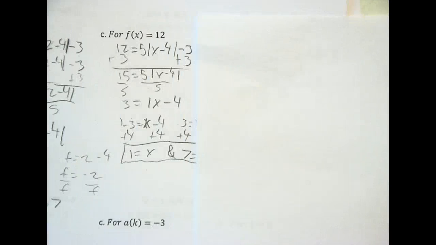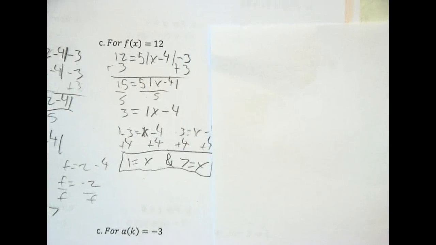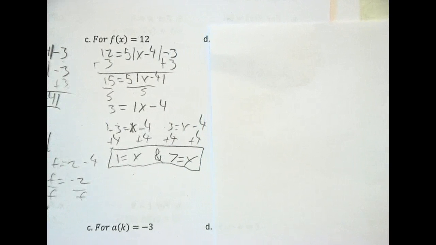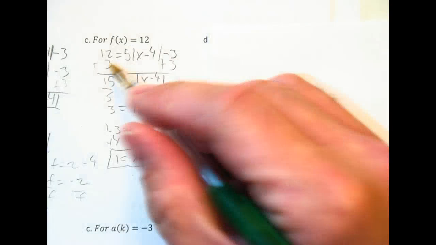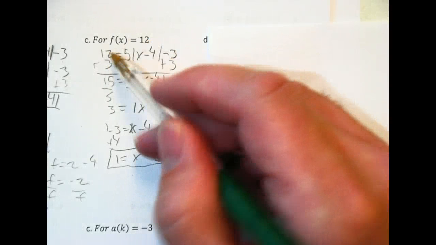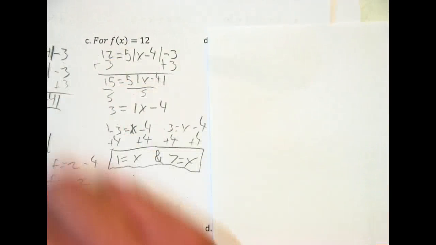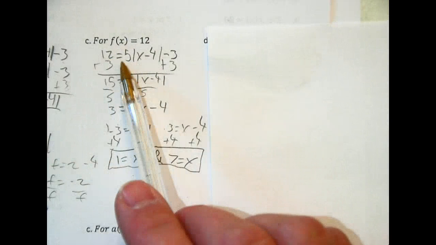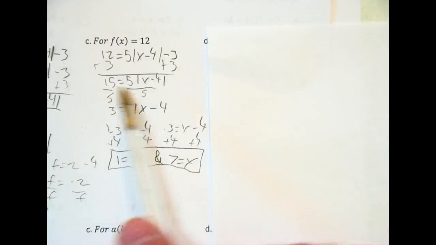Okay, I'm going to set one up here and see the work on it. That's Ryland's letter C. Okay? All right. So Ryland added 3. Very good. So we plugged the 12 in for the f of x, so rather than having f of x equals, we're going to have now 12 equals 5 times the absolute value of x minus 4, minus 3.